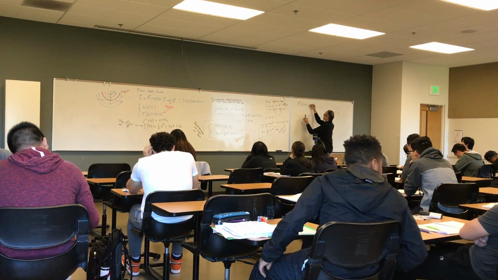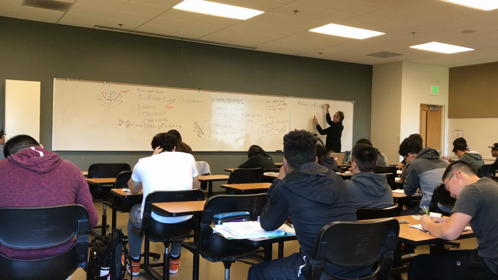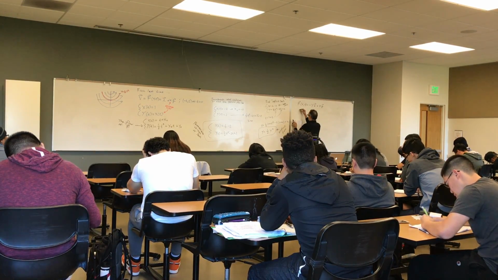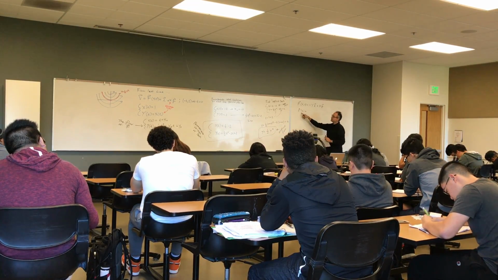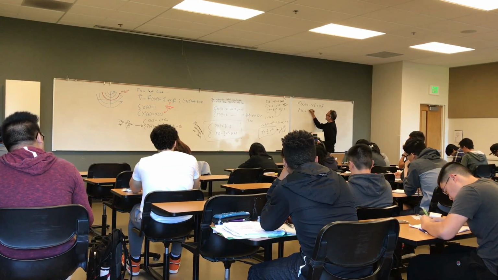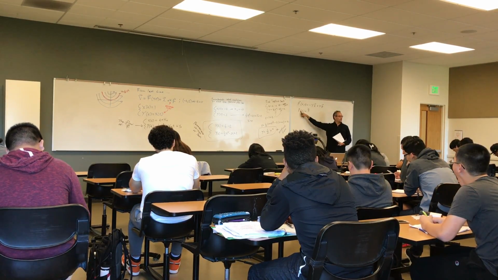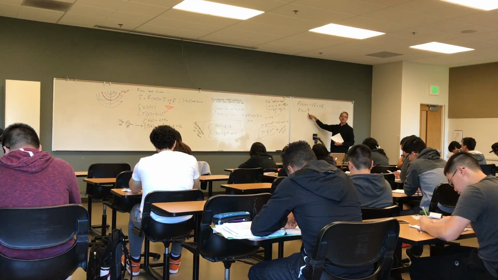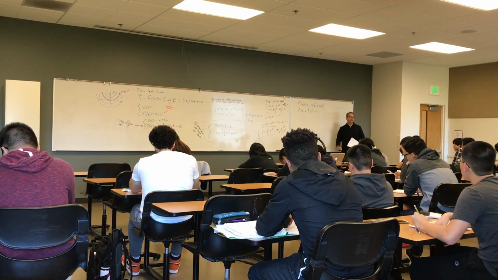F of x comma y is equal to negative y i plus x j. So I can kind of get the idea that r prime of t, or I'm sorry, I should say the velocity of the particle at any given time, is going to be equal to whatever the velocity of the field is at the particle's location at that time, right?